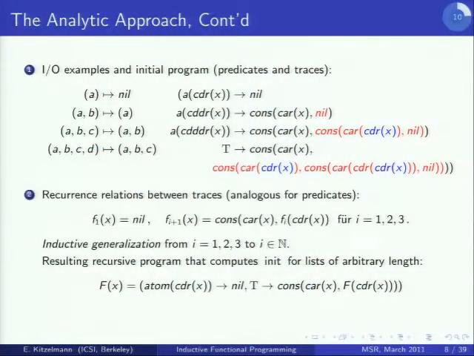If we left out one of these examples and substituted it by maybe the example for the 5-element list, then this recurrence relation would be broken and we could not generalize it. So this is another restriction of this approach: it does not work on randomly chosen examples.